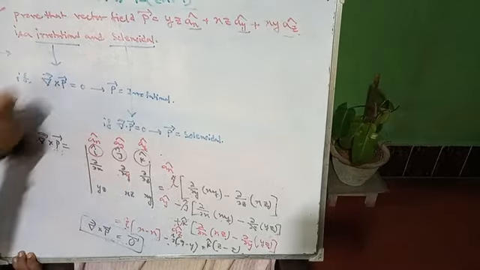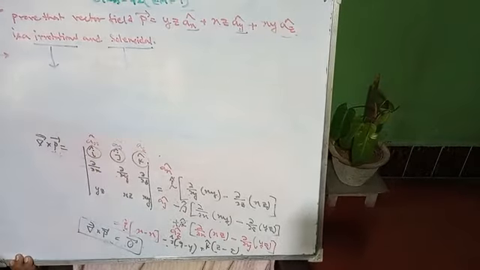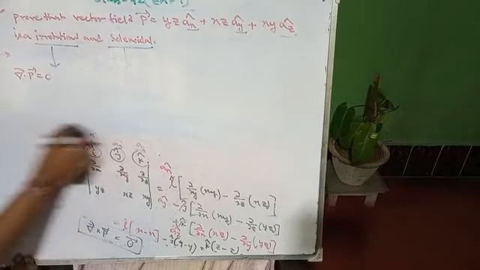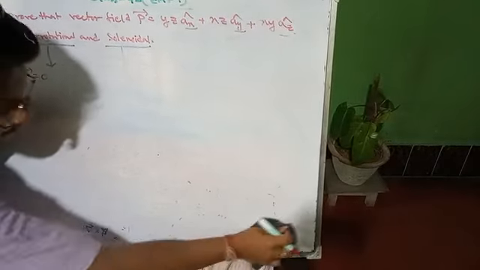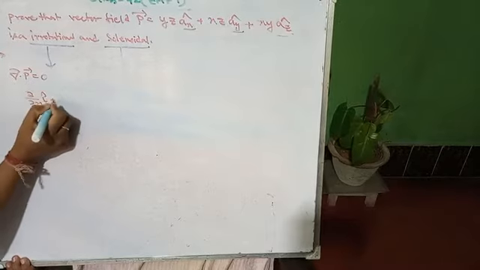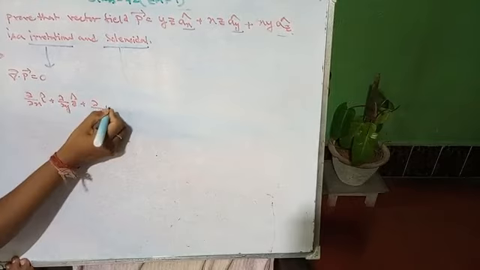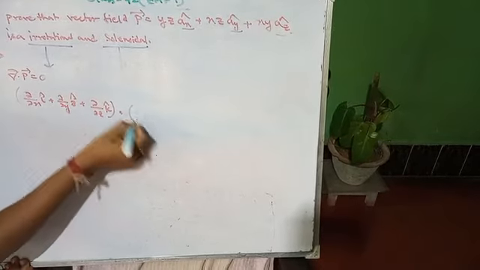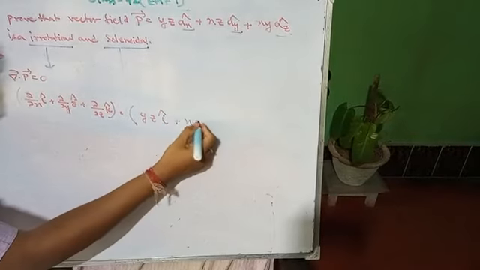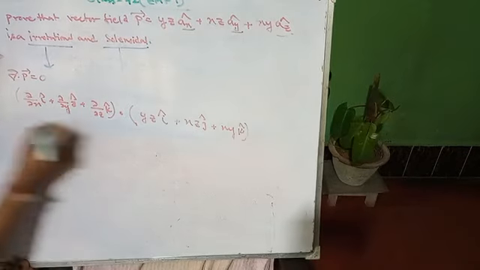Okay, and next one is solenoidal. What do you mean by solenoidal? Solenoidal means nothing but divergence of P should be equal to 0. So you have to check the divergence of P. Divergence of P means del del x I cap plus del del y j cap plus del del z k cap, making a dot product with yz I cap, and so on.